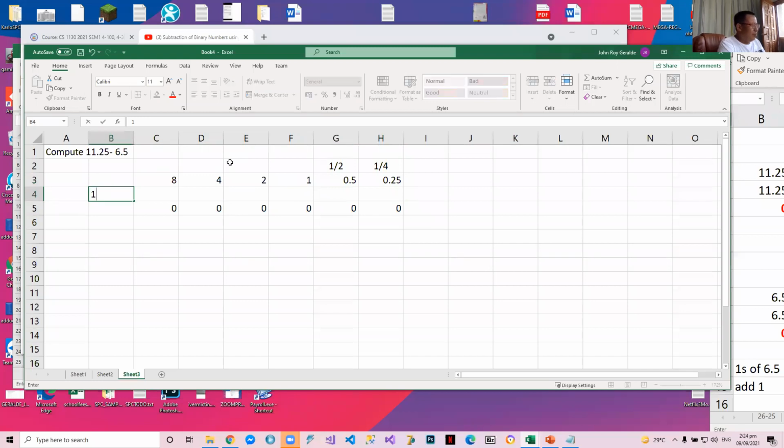We'll put here 11.25, and this will be our sum. This is not fixed point, this is 2's complement and the sign bit is not used.